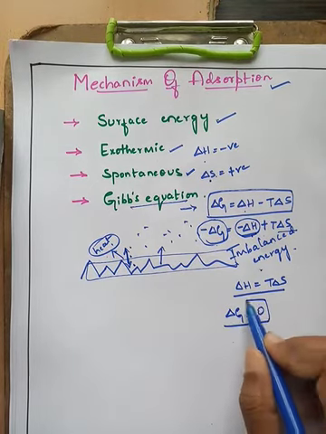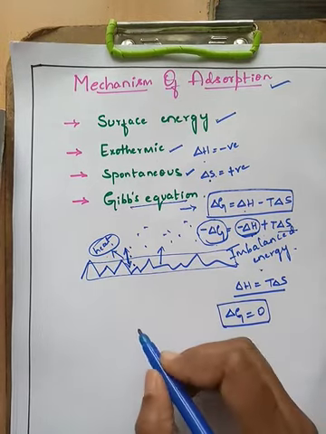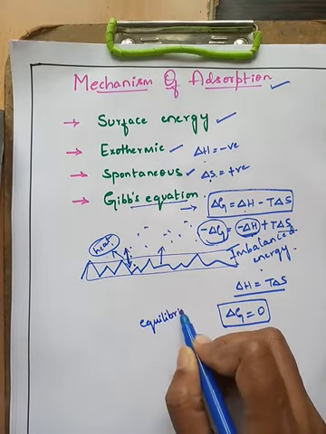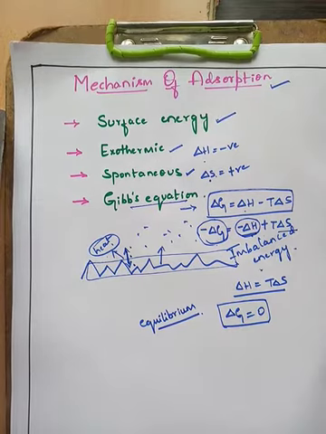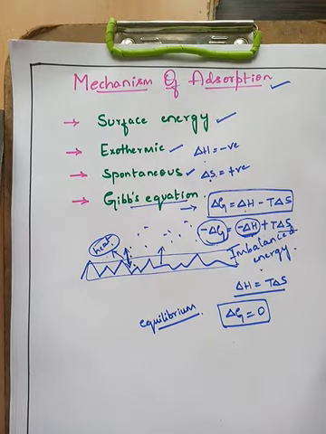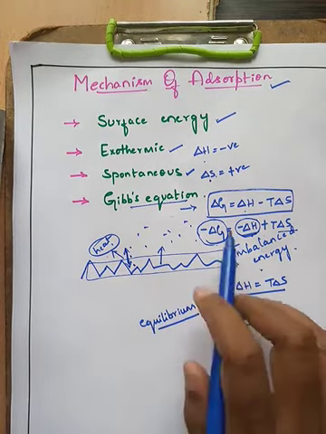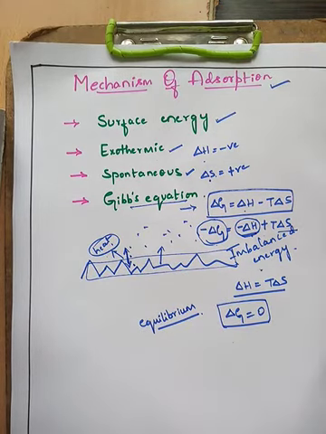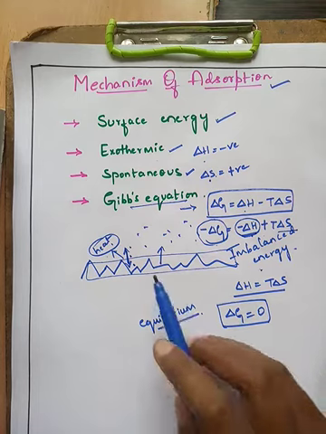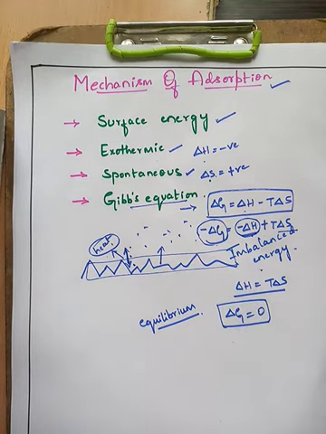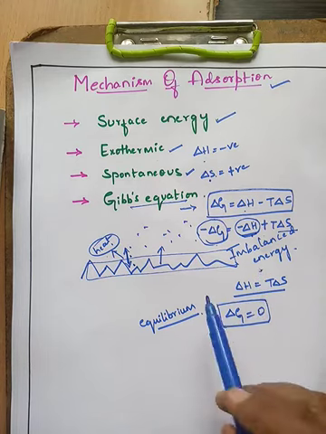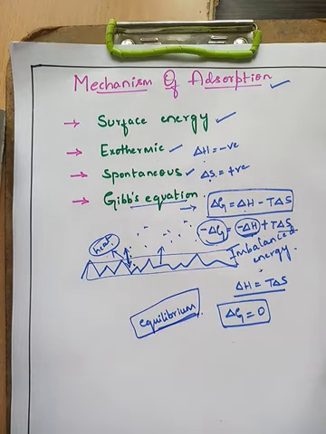If delta G is equal to 0, then that state is called the equilibrium state. Whenever the process of adsorption occurs, the free energy change is always negative, until the imbalanced energy gets balanced. Once the energy is balanced, it attains the equilibrium stage.